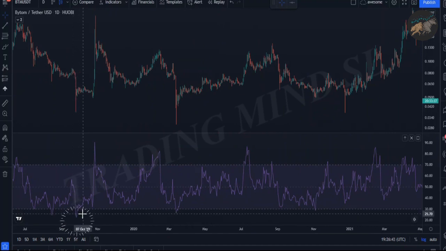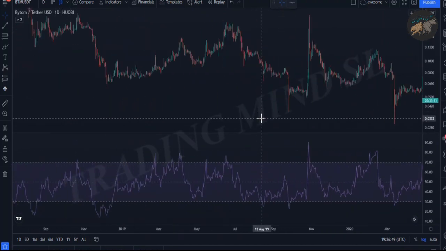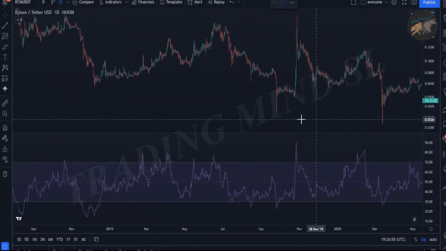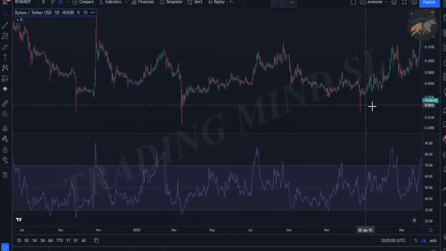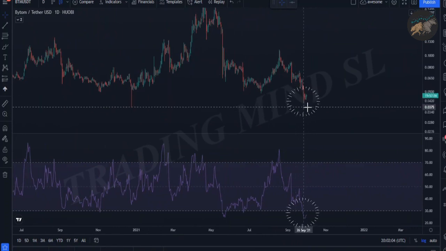Here too, a rise occurred, after it was below 30 line. And here. Well, all this is in the past. And what matters now, is now.